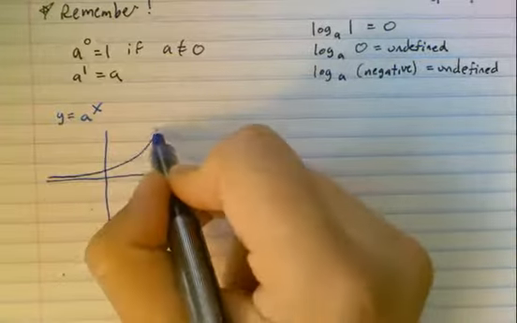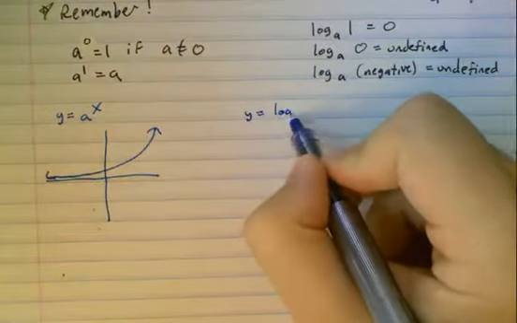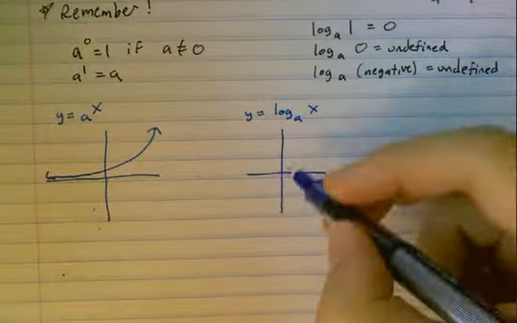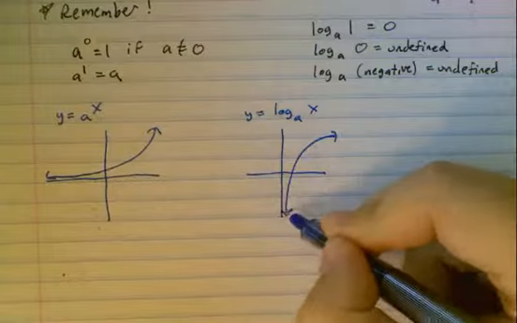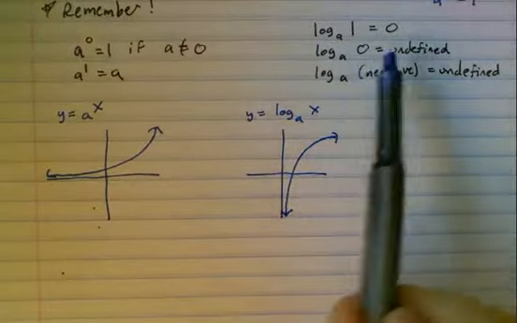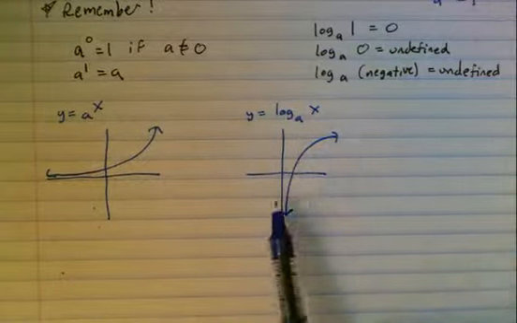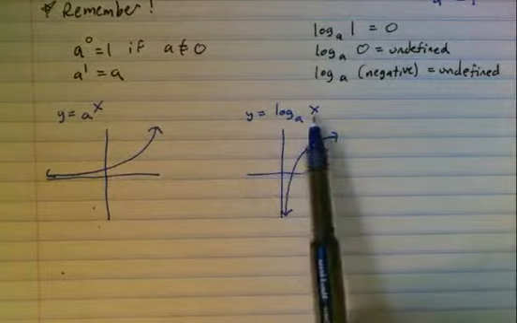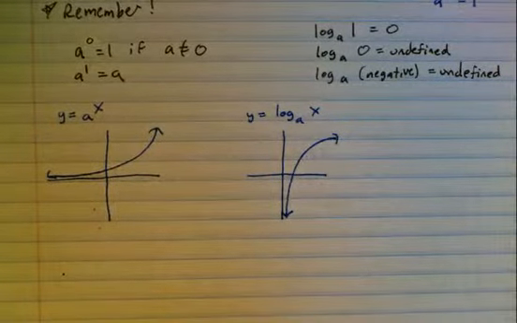Remember, y equals a to the x looks like this. y equals log base a of x looks like this. When we're over here, we're saying a to the what power gives us 0? Nothing. Any value 0 or less is undefined. So log base a of a negative number is also undefined.